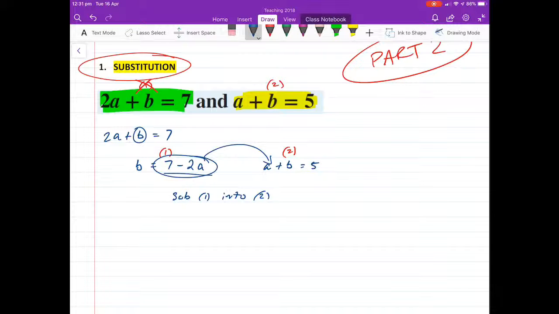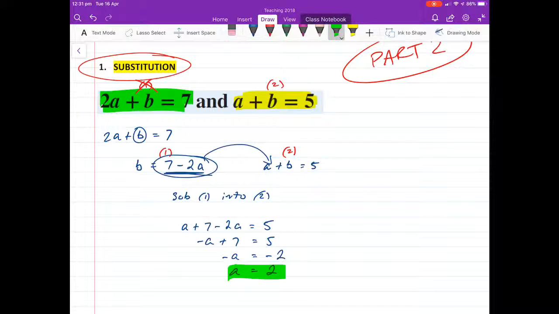Instead of saying a plus b equals 5, it's going to be a plus b, which we were just told is 7 take 2a, equals 5. So a take 2a is negative a, plus 7 equals 5. If I take the 7 from both sides, double negatives, which means we can call that a equals 2.